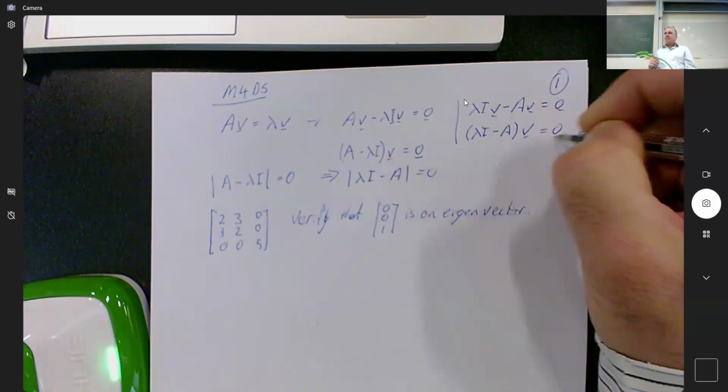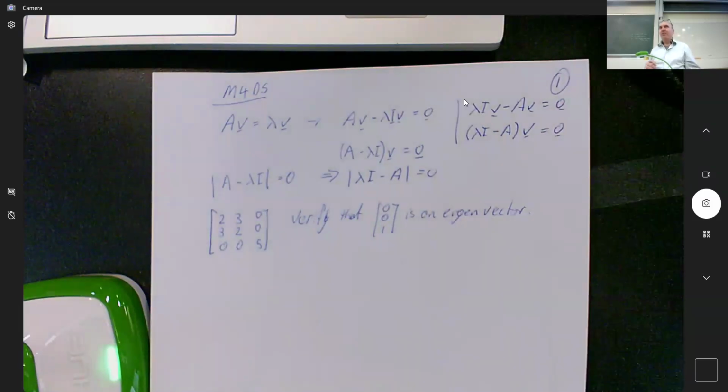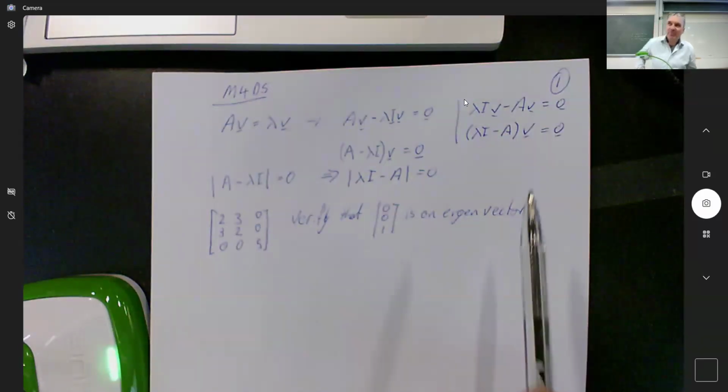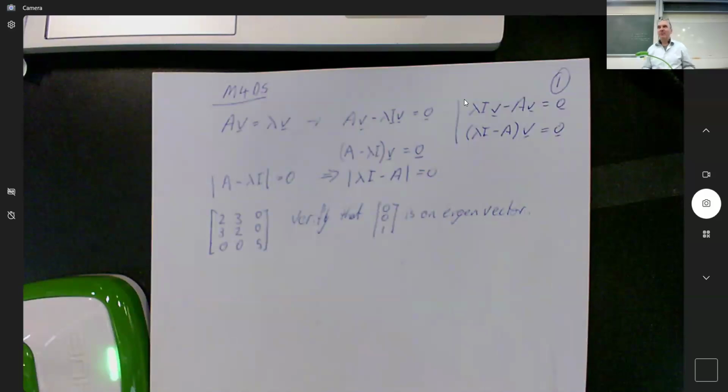Now, I could never remember which way round I was supposed to do it. I have a problem with putting things in the wrong order all the time. And then I've discovered it doesn't matter. Because I want it to be 0, this is basically minus this.